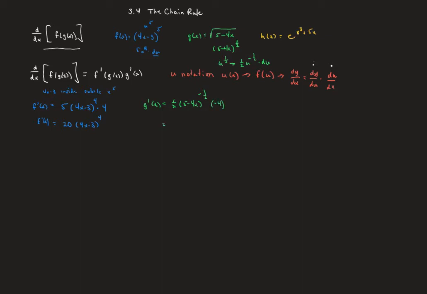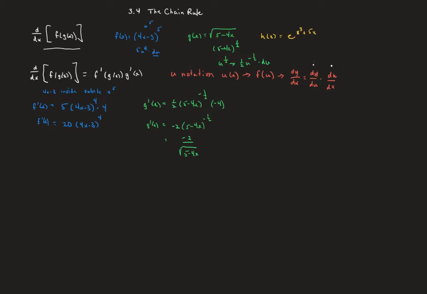So that's going to be negative 4 times 1/2 is negative 2, and you're welcome to either leave that as (5 minus 4x) to the negative 1/2, that would be terrific, or at some point in time, we're going to want to be able to call that negative 2 over the square root of 5 minus 4x. So we want to be able to do it both ways.